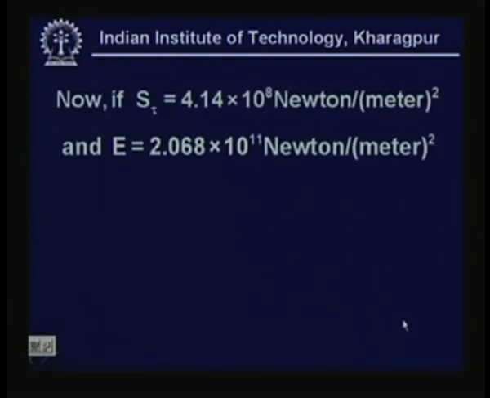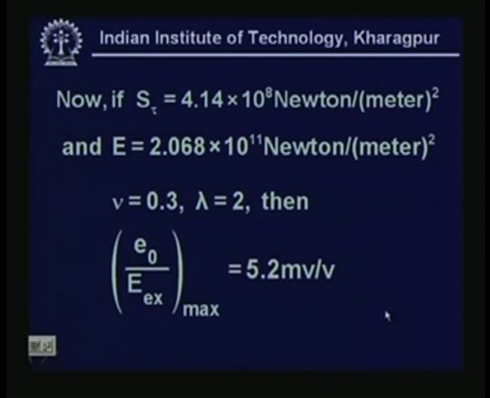Now, we have taken an example: S tau equal to 4.14 into 10 to the power 8 Newton per meter square, Young's modulus of elasticity is 2.068 into 10 to the power 11 Newton per meter square, nu is 0.3, the Poisson's ratio, and lambda equal to 2. Then E naught by E x maximum equals 5.2 millivolt per volt, right. So, it will give you 5.2 millivolt per volt.